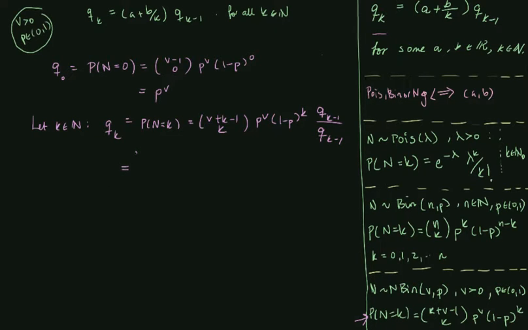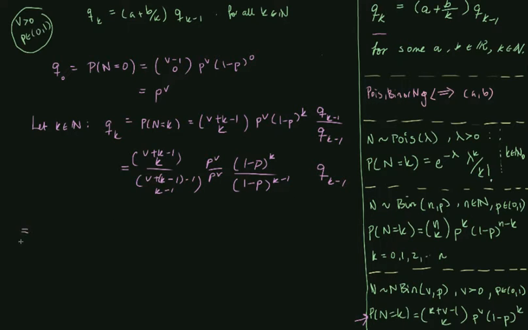What do we then have? Well, let's divide by qk minus 1. So it's v plus k minus 1 choose k divided by v plus k minus 2 choose k minus 1, multiplied by p to the v divided by p to the v, multiplied by 1 minus p to the k divided by 1 minus p to the k minus 1, multiplied by qk minus 1.